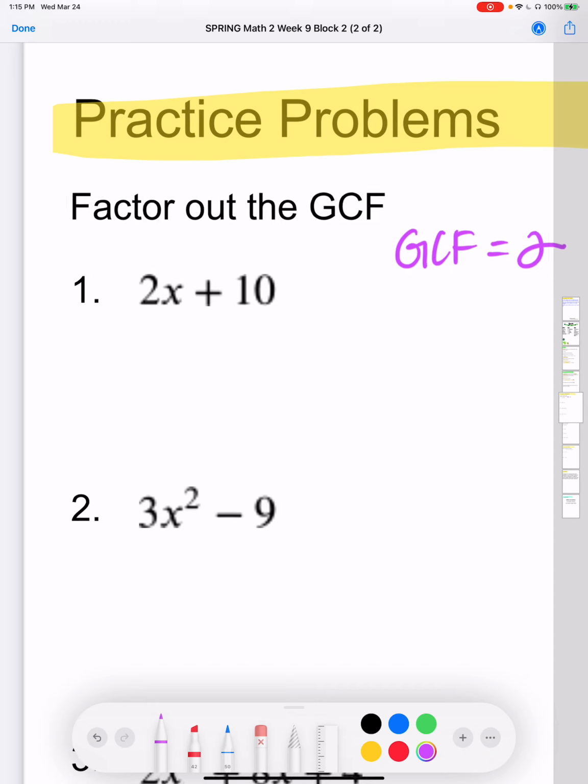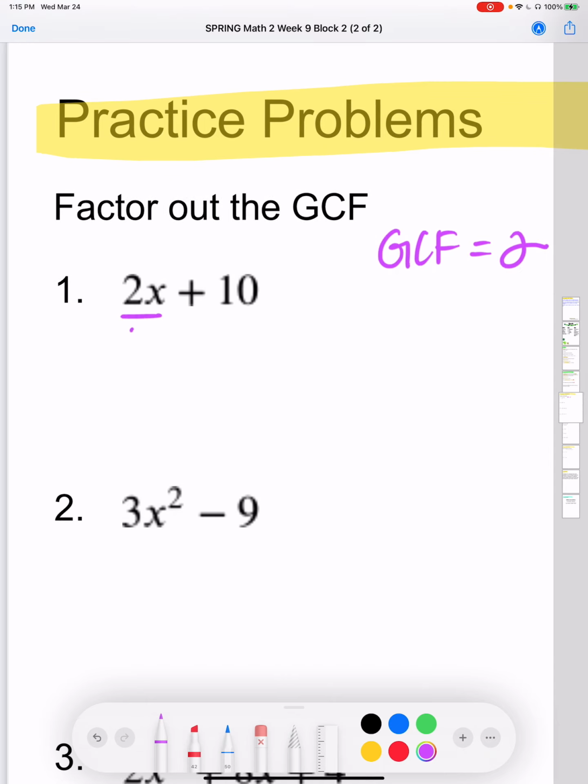Now I'm going to show you the way that you can show your work on these. I'm going to divide both terms by my GCF. You're going to divide each by the GCF and write whatever you're left with. So 2 divided by 2 goes away. It gives you 1, and you're left with x.